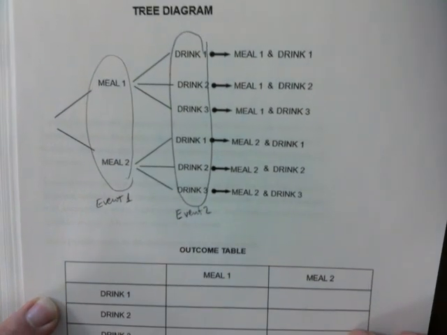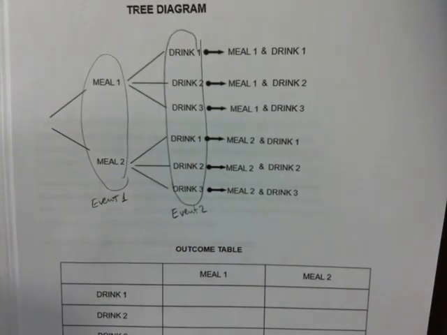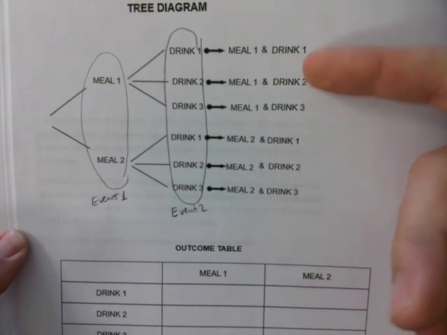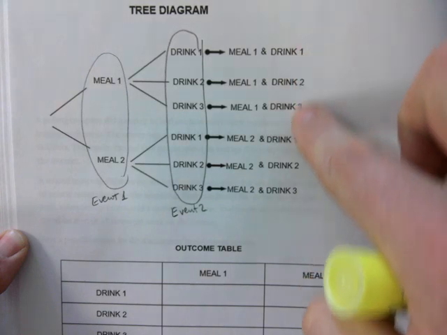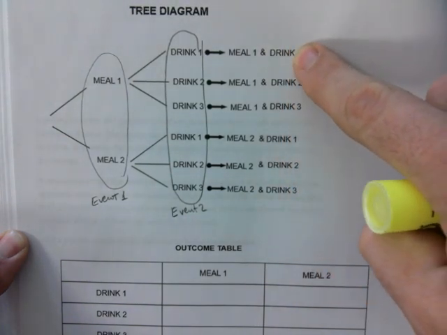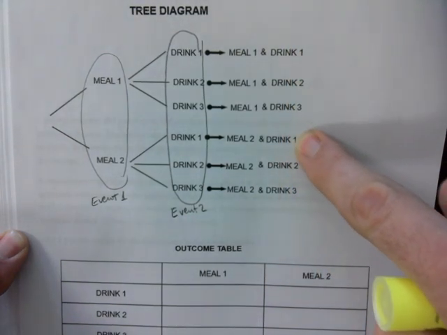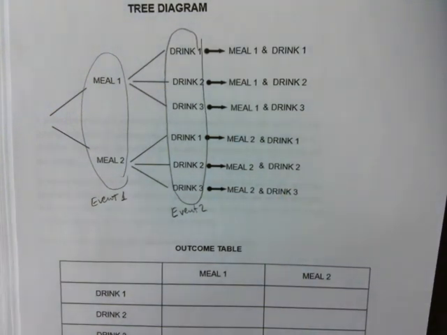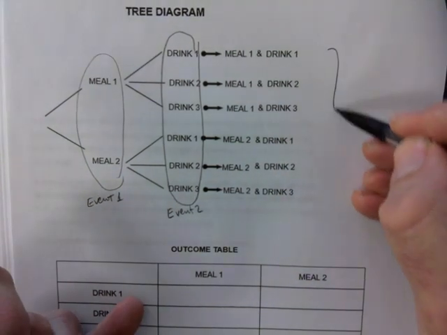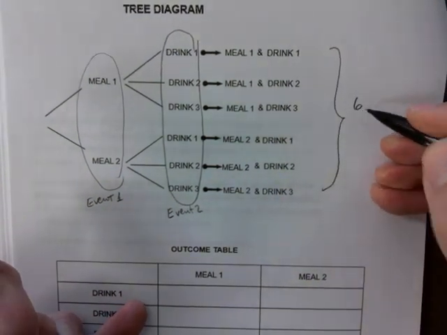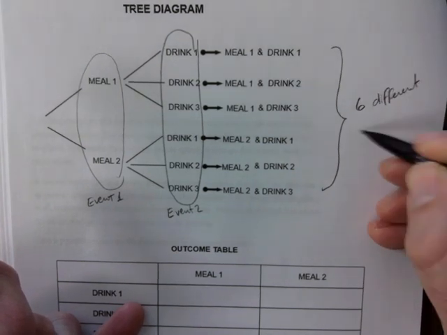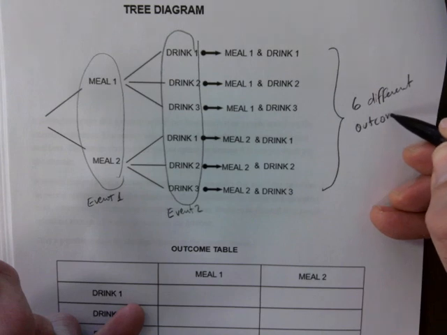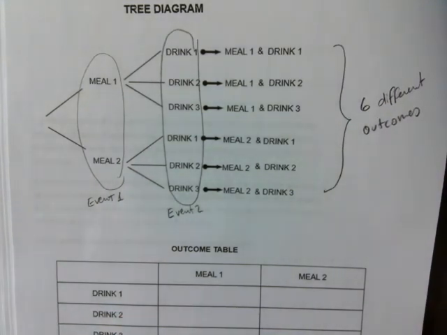Look, this is why it's a tree, it branches out, and so these are the roots here, and if you count the end roots here, you have 6 options, right? So I will make a note of that. 6 different outcomes.